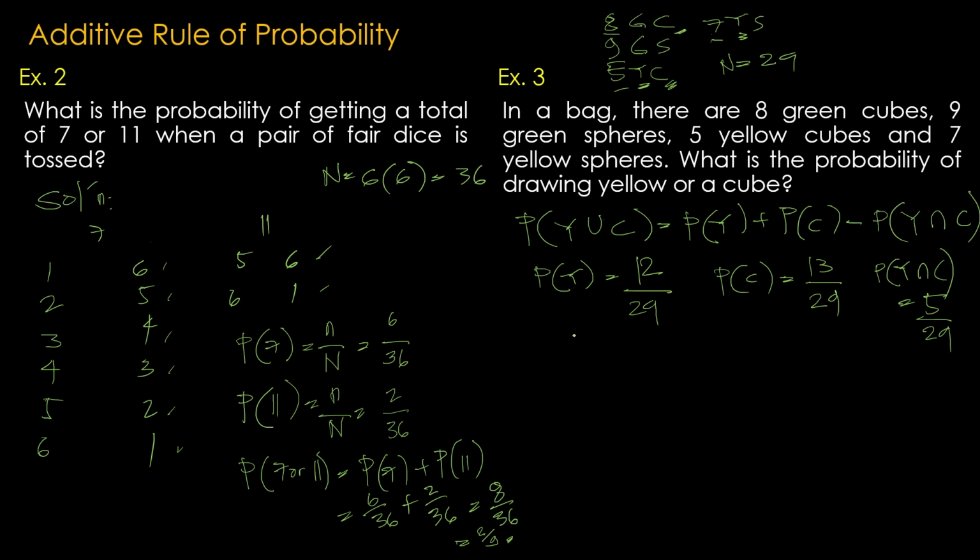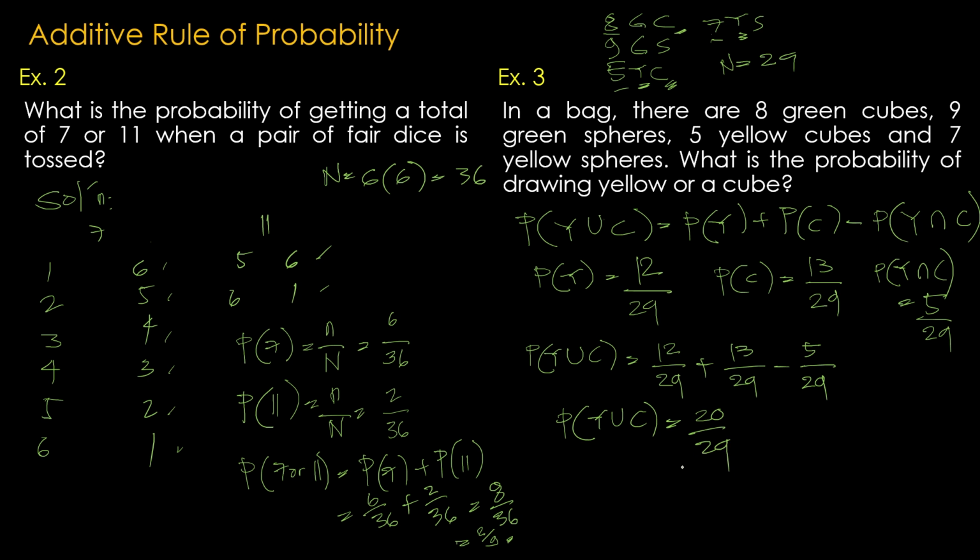Okay, substituting these values to this formula, the probability of the union of yellow and cube should be equal to the probability of getting yellow plus the probability of getting a cube minus the probability of getting a yellow cube, 5 over 29. The probability of getting yellow or a cube is equal to 20 over 29. Okay?